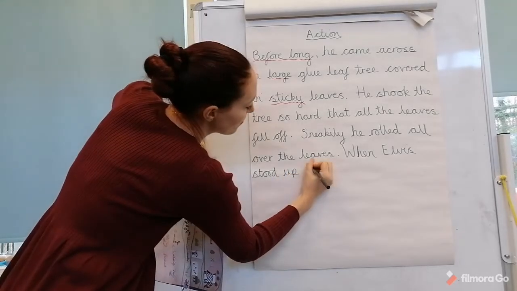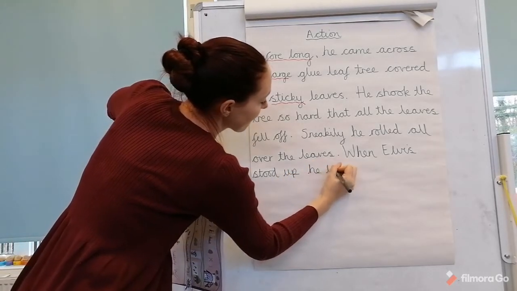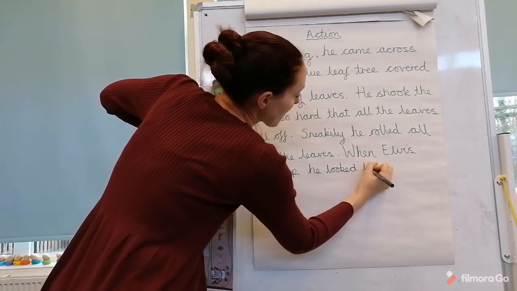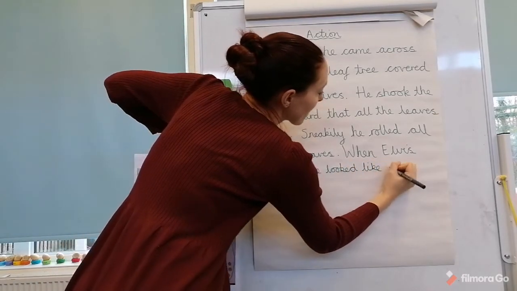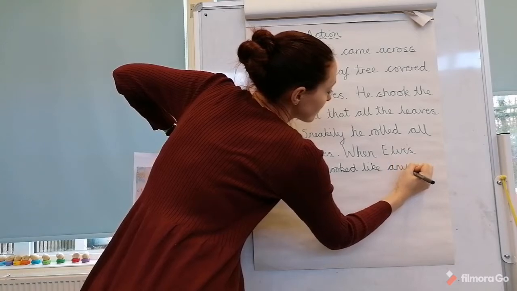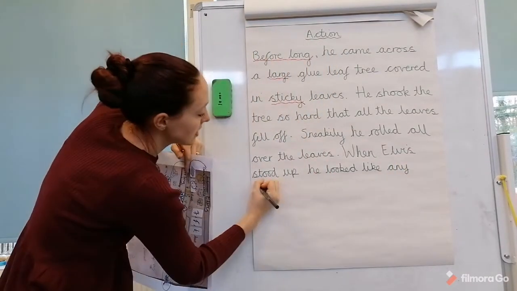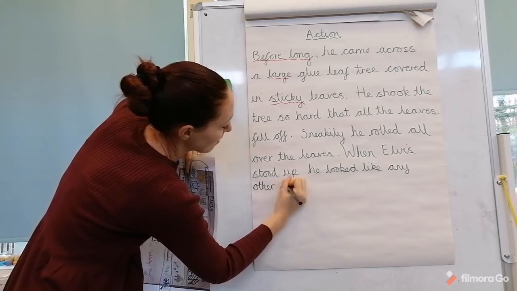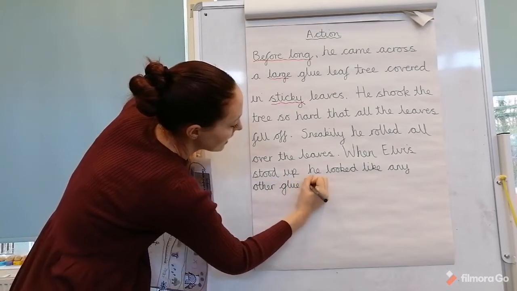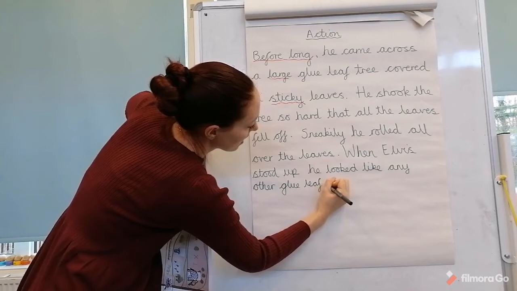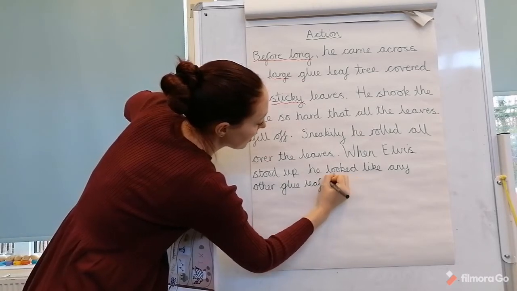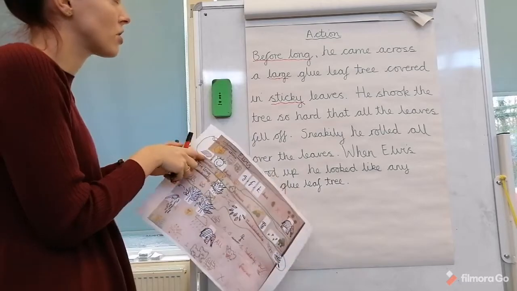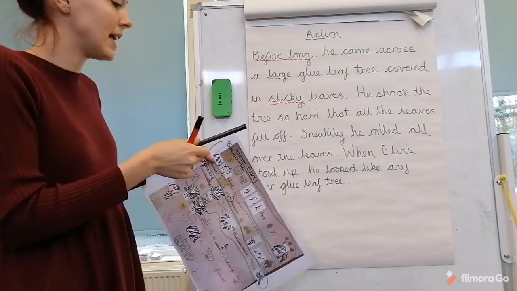When Elvis stood up, I was hoping you can still see this. A bit low down. Glue leaf. So, before long, he came across a large glue leaf tree covered in sticky leaves.